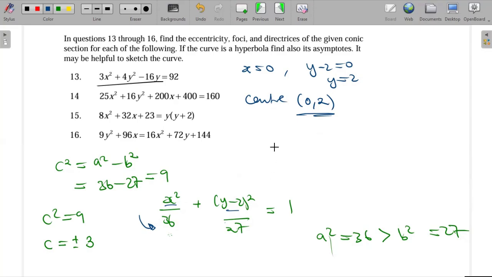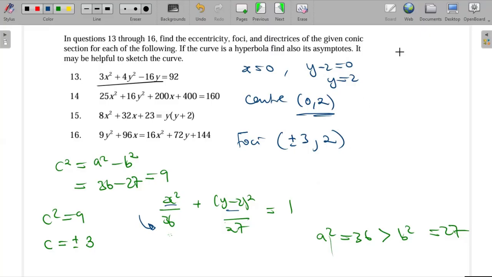It means that c we are adding to the x part of the center. So in short, our foci is going to be the center plus minus 3 in the x part, with the 2 staying. So of course it's 0 plus minus 3.